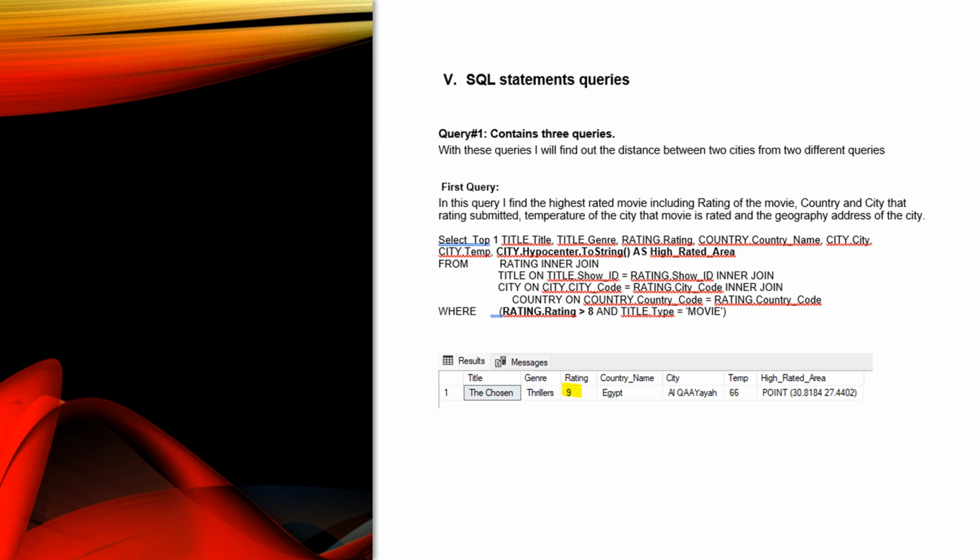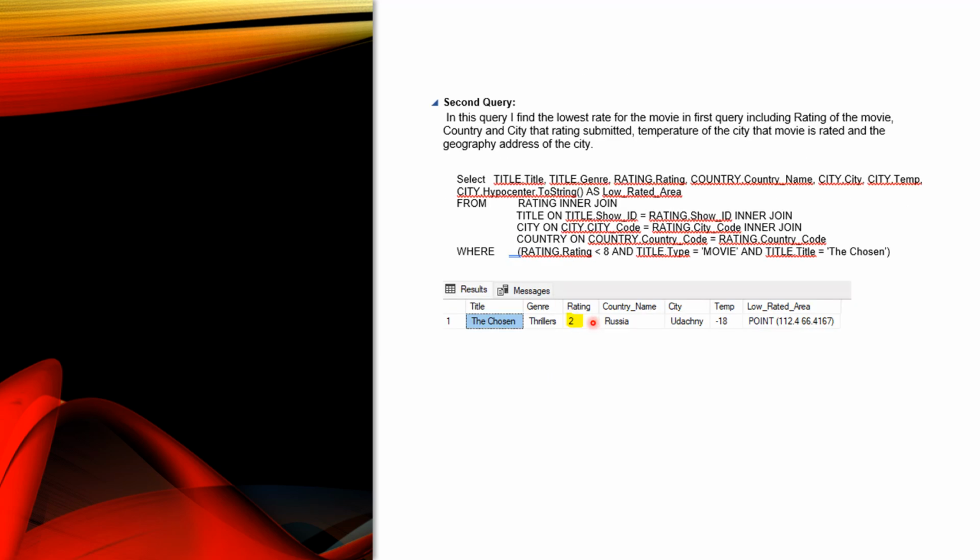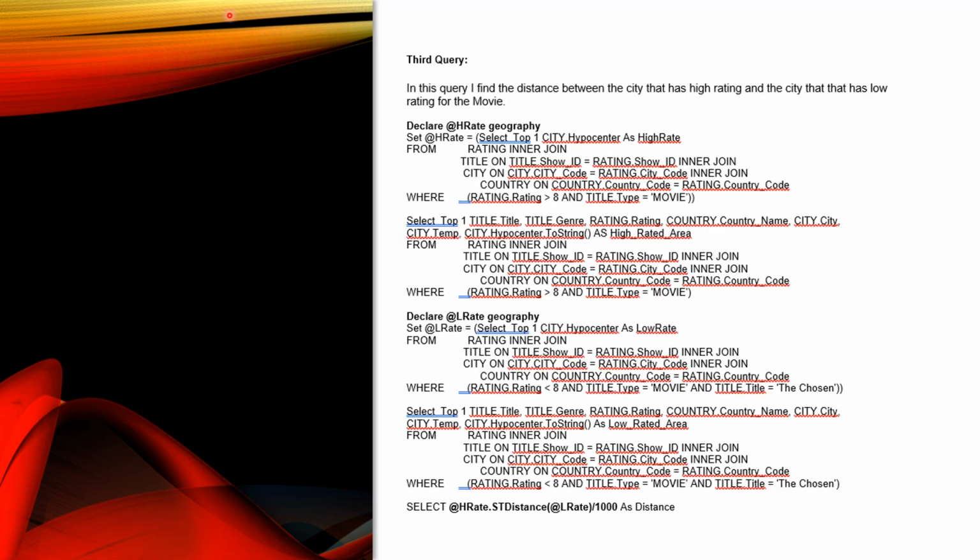In the second query, I gathered the information for the lowest rating movie or TV series and the country name and city that submitted that lowest rating, temperature, and the geography information of that city.